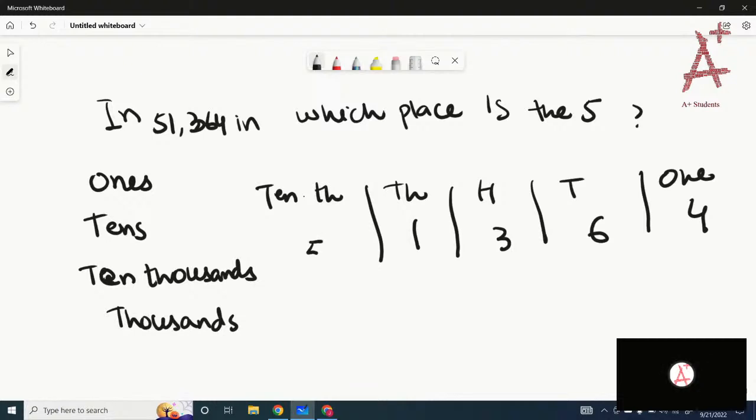Got it? So the 5 is at the ten thousands place. Select the correct option and move on to the next question.